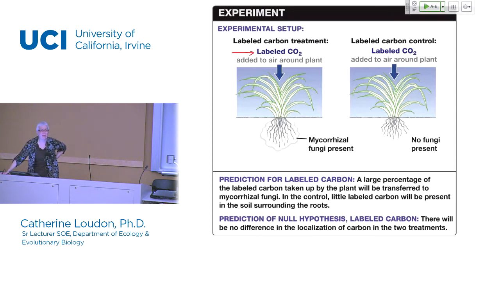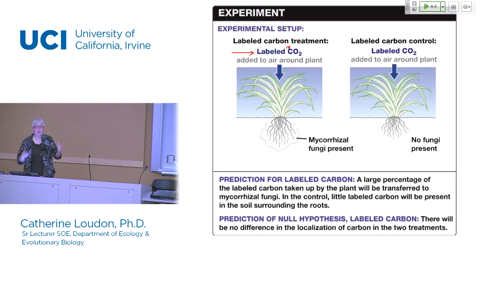What does labeled carbon dioxide mean? That means you take a less common isotope. For example, if you're going to use a radioactive isotope of carbon, you would use C14, a much rarer form of carbon than the normal non-radioactive C12.